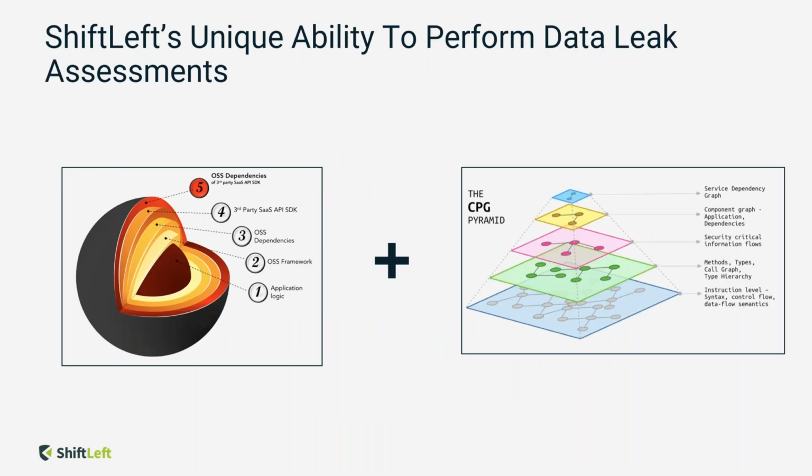So we here at ShiftLeft have a unique approach to making these assessments. What we innovated is a method called CPG, that's Code Property Graph. We represent your source code in a single data structure called the CPG, and we can then analyze that graph representation to figure out where data is flowing from and where it ends up and all the transformations that it goes through.